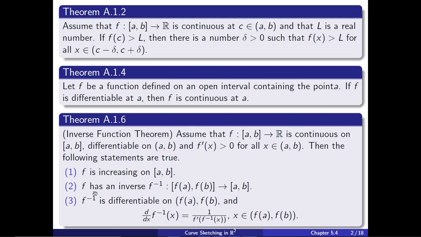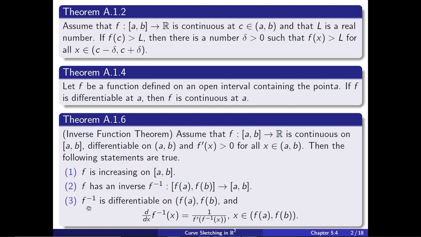And then f has an inverse, denoted by f^(-1), which is defined on the closed interval [f(a), f(b)]. The images of a and b will be the bounds of the interval.